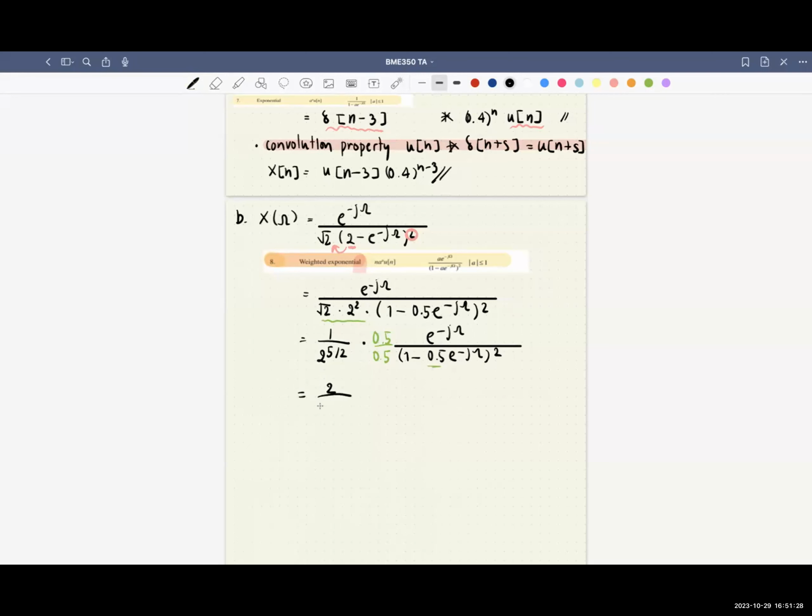So 2 over 2 to the power of 5 over 2 times 0.5 e to the power of negative j omega over 1 minus 0.5 e to the power of negative j omega squared. And now I can just apply the Fourier transform to this term easily.